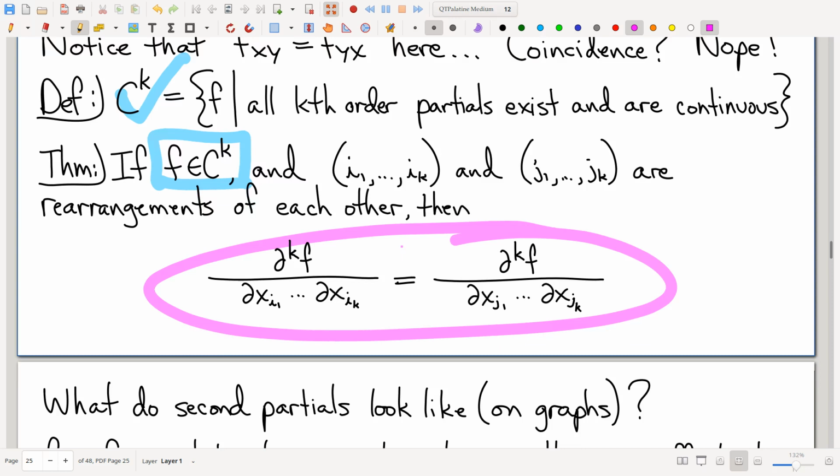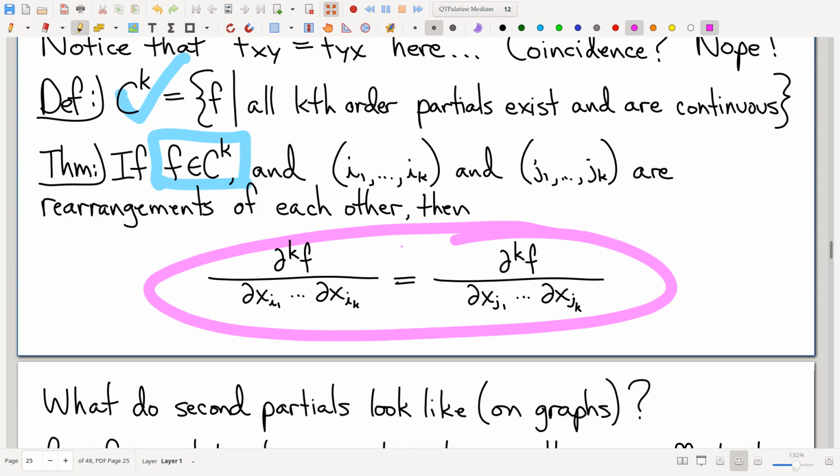Notice that the subscripts i1 through iK and j1 through jK are all the same actual subscripts. So these are all the same partials, just rearranged. In other words, I'm taking these partials in a different order. Short version: if your function is C^K, it doesn't matter what order you take the partials. You'll always get the same thing.